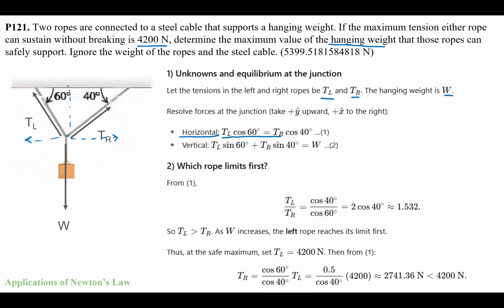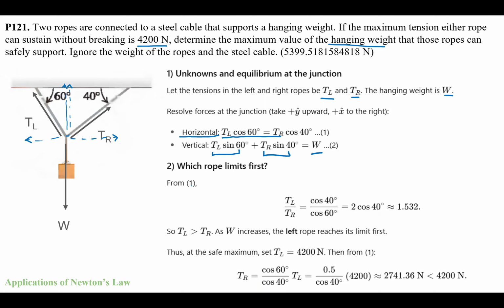At the same time, the tensions add up along the y direction. So the vertical components, TL sine theta plus TR sine theta, are given by this W. So we have equation 2.